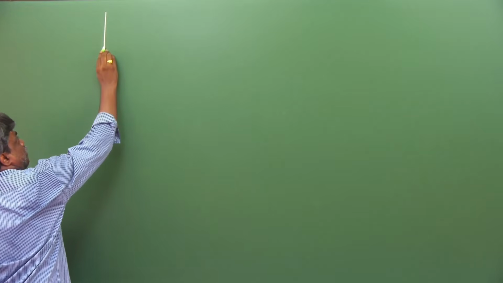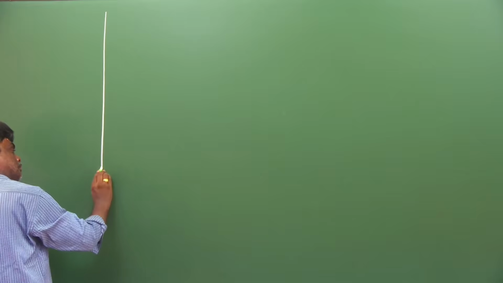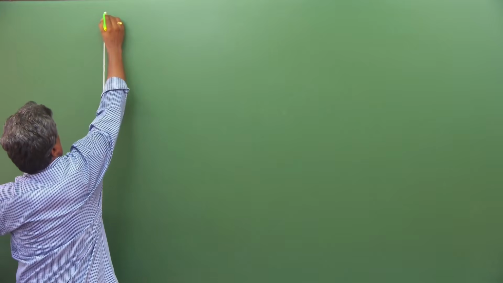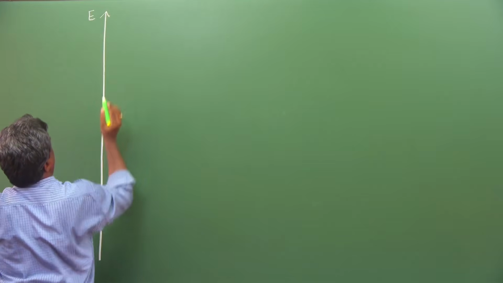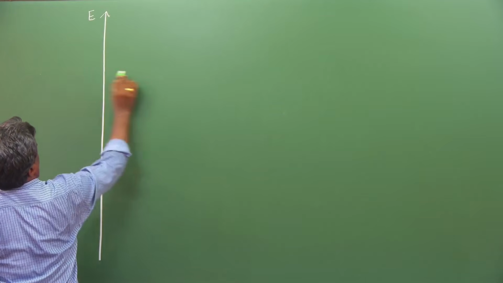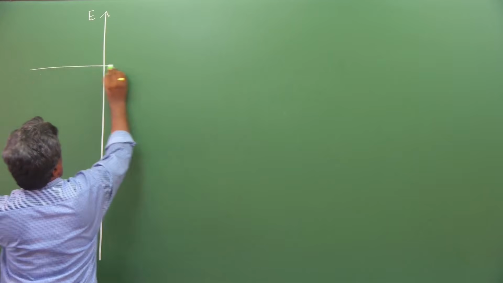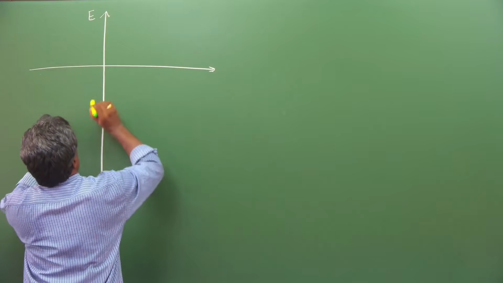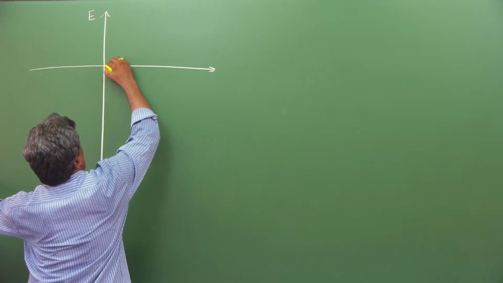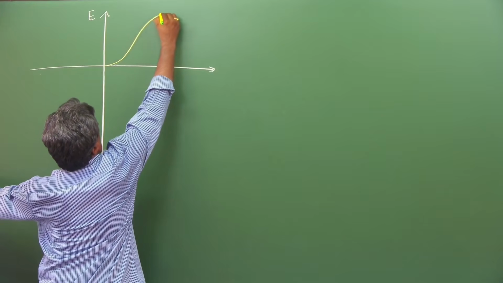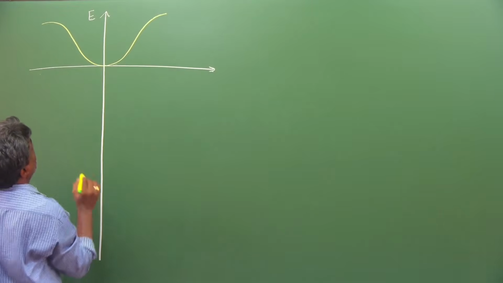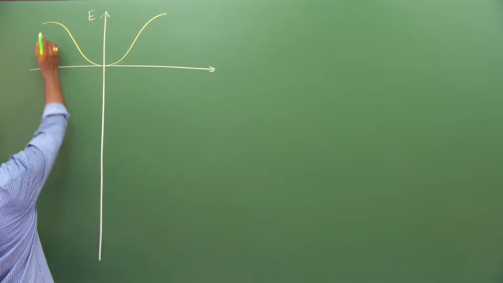So finally, let me take the final graph. Now this is the energy, and here we have the k-axis, and here we have the point of inflection. First let me take the energy versus k. I hope you remember energy versus k. Now this is the peak, of course.